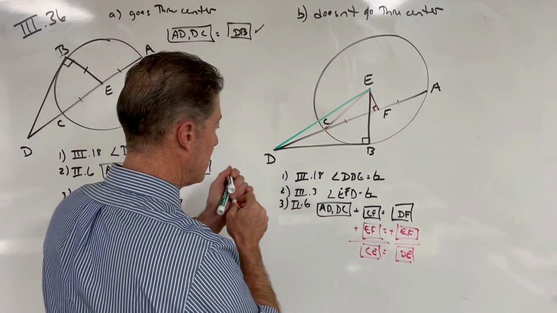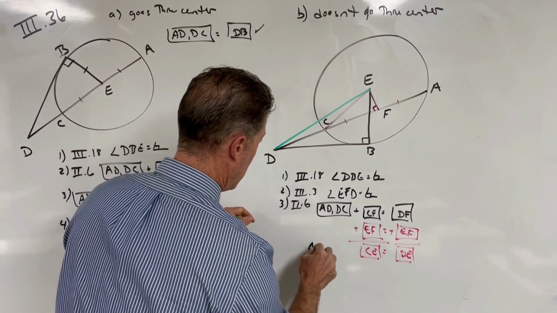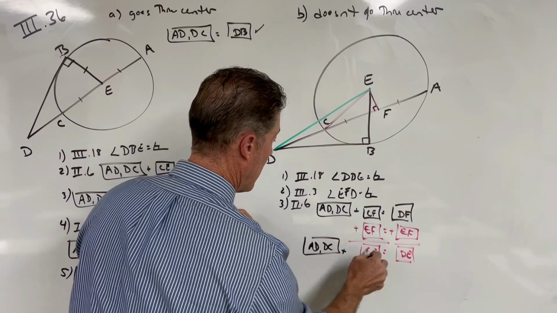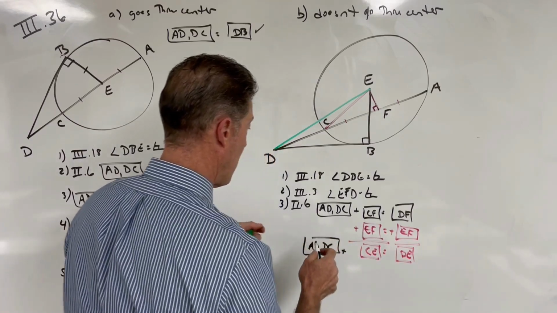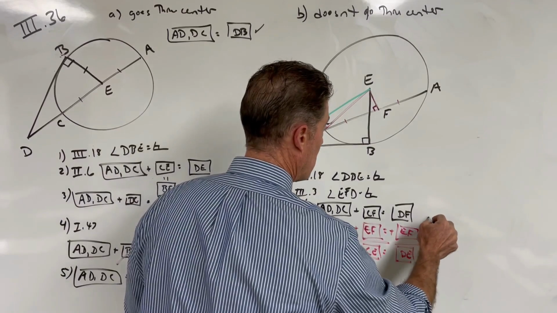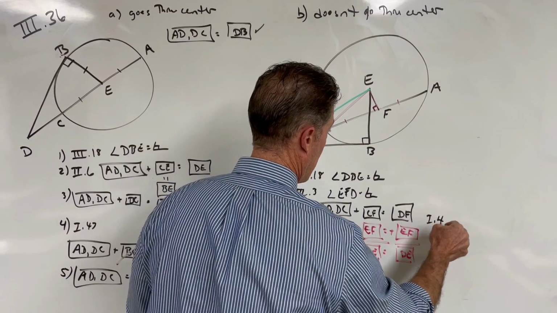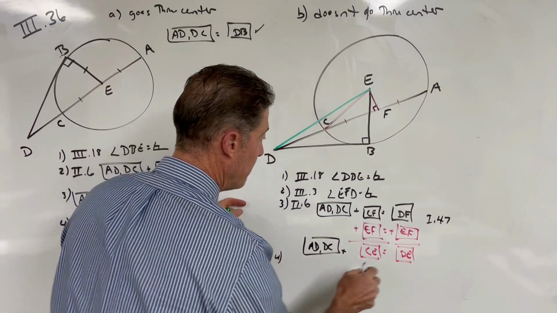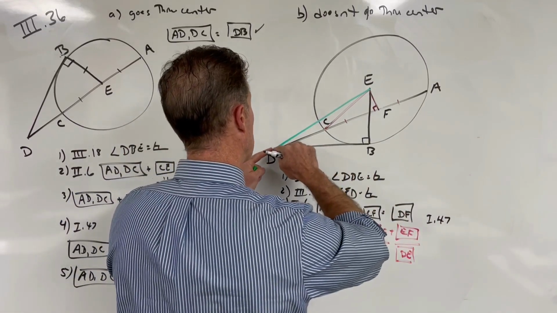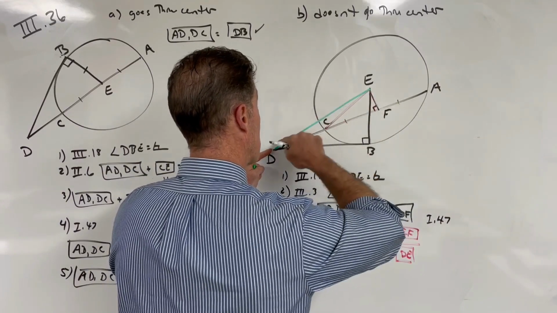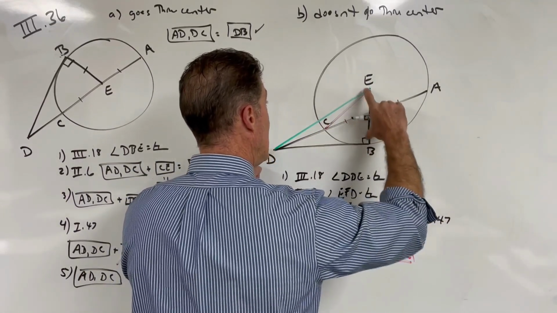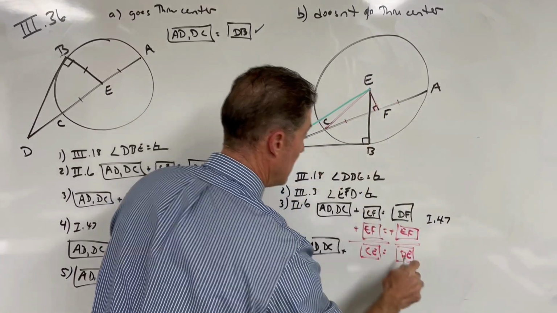So we can rewrite this. ADDC plus the square on CE is equal to the square on DE. And this is, of course, using our Pythagorean theorem. We can use our Pythagorean theorem one more time to see that the square on DE is the square on the hypotenuse of this triangle, so we can resolve DE into the square on EB and the square on DB.